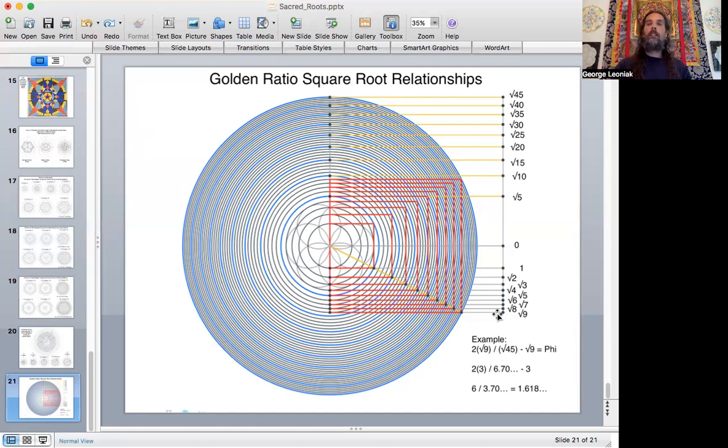So what's going on is that there are golden ratio progression relationships happening for each of the square roots below this. So we have a 1-inch square, so this is the unit 1 square. And the next square in this sequence would have an edge length of root 2. The next one would be root 3.